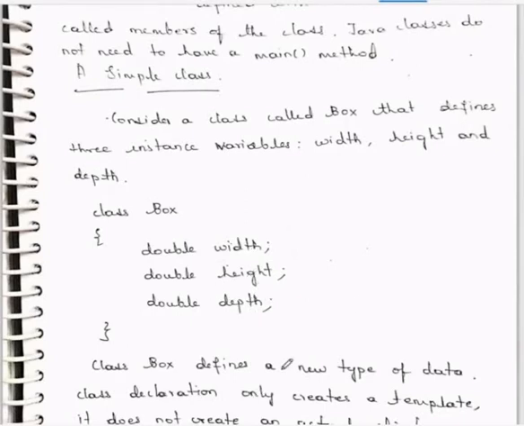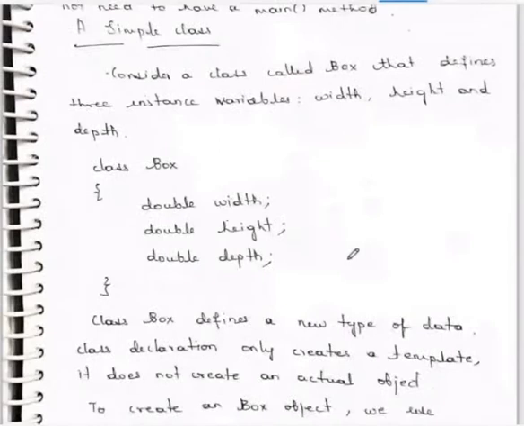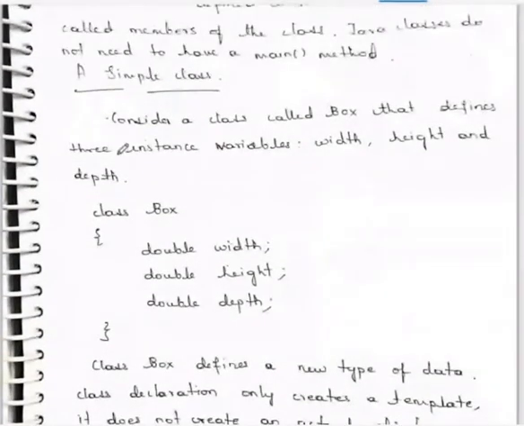So this class Box defines a new data type by name Box, and this acts as a template for a class. Now, when I create a class like this, it is like a passive entity, it does not have any existence. What do I mean by a passive entity? Let's take a built-in data type like int.